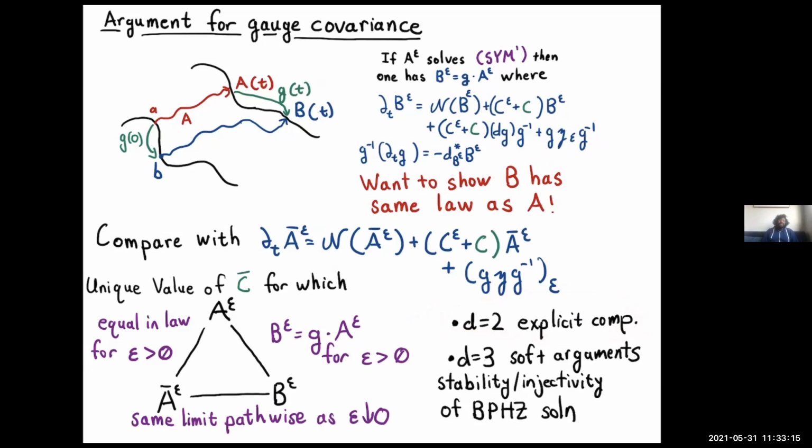In 3 dimensions, the number of trees becomes quite large, and we have to use soft arguments that leverage certain stability and injectivity properties of our solution theory. Some of the arguments here are very similar to those used to prove certain properties for the geometric KPZ equation. Good.